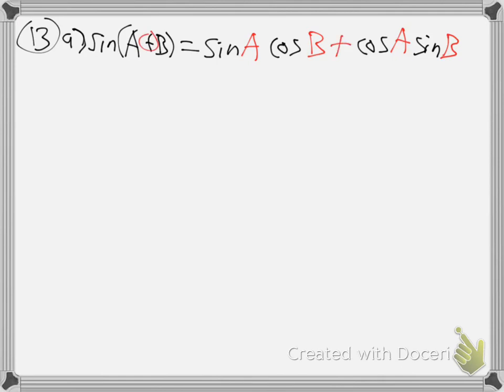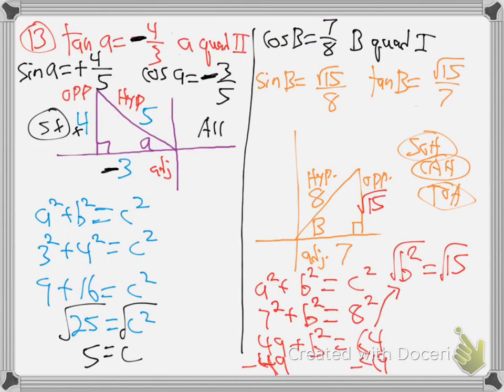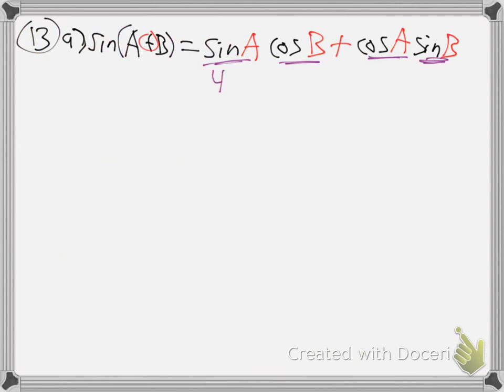Plus. Okay. So now we go back, and there's 4 pieces. We go grab those 4 pieces. So sine of A, what's that? Oh, right here. 4/5. Sine of A is 4/5. So everybody good here? We're using the whole formula.